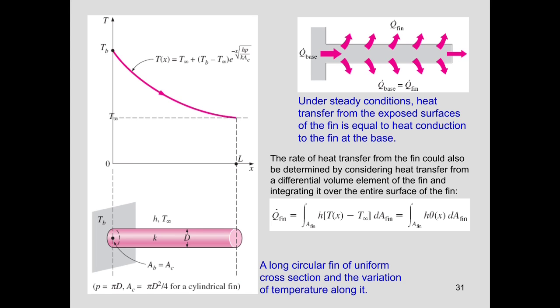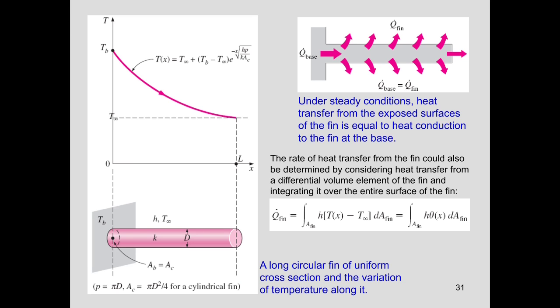Under steady condition, heat transfer from the exposed surfaces of the fin is equal to the heat conduction into the fin at the base. So we have the formula: Q of fin is equal to the integral over the area of the fin of h times T of x minus T infinity, multiplied by d of area of fin, which is equal to the integral of h theta of x d of area of fin.